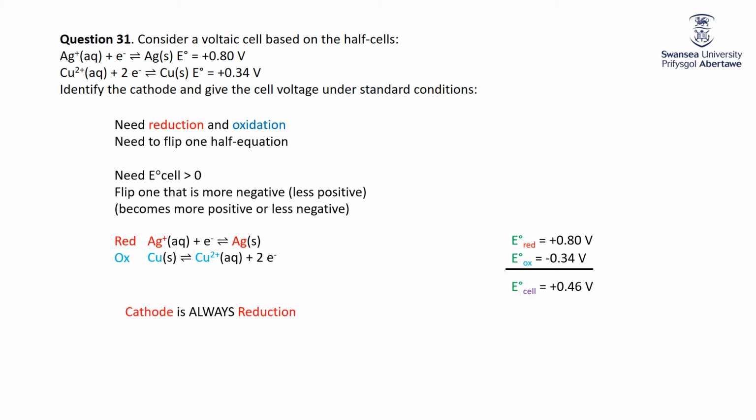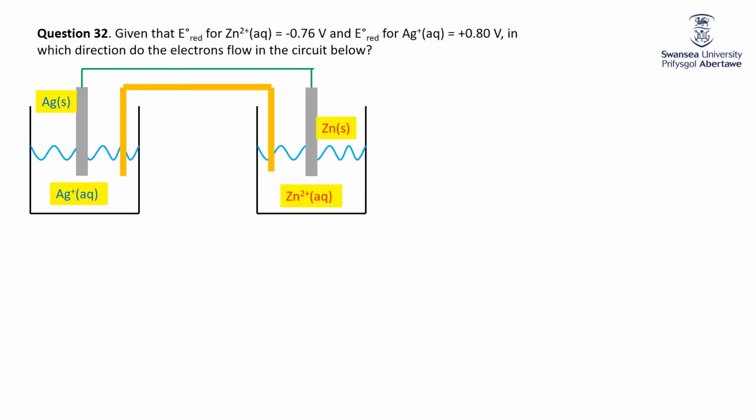Well, the cathode is always where reduction takes place, so it's going to be the Ag+ going to Ag. Do notice that if I'd flipped the silver instead to make that the oxidation, I would have had minus 0.8 and plus 0.34, which would have given me minus 0.46 volts. Always flip the smaller one, the one that is the less positive or the more negative.